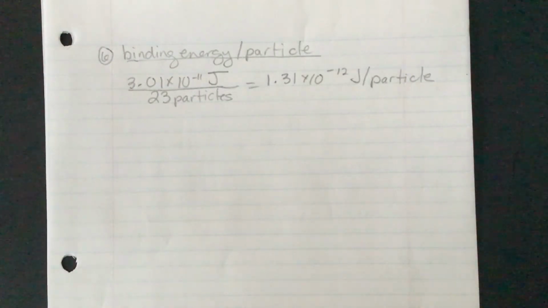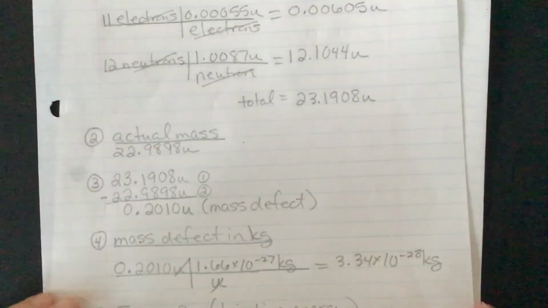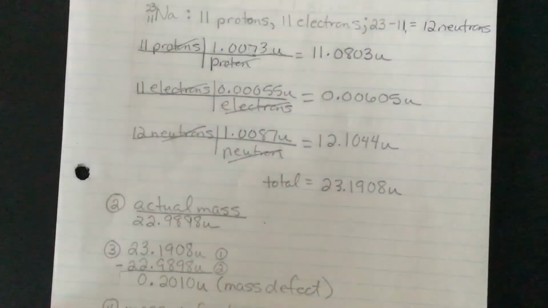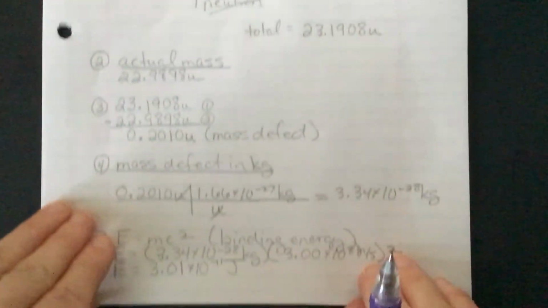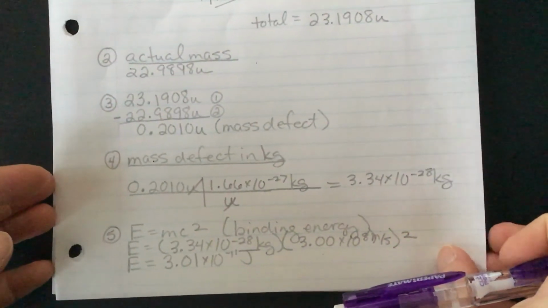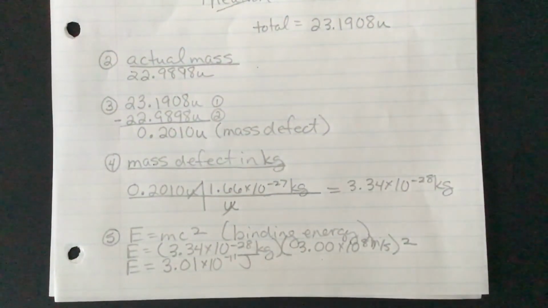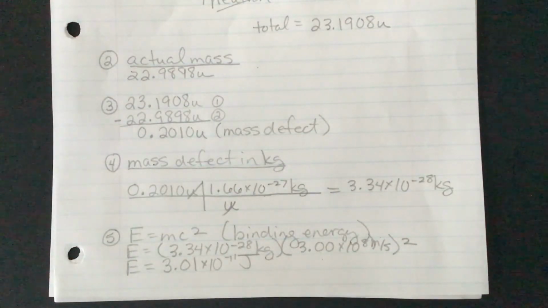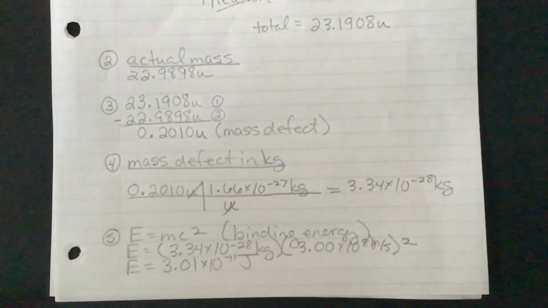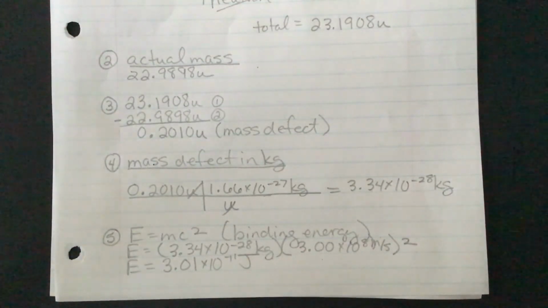Now, I want to talk about this for a minute. Let's go back to just the binding energy. You might say, wow, that is a really small number. That is not a lot of energy at all. But remember, when we're talking about this energy, this is just one atom. And remember that in a mole of sodium, which would be about 23 grams, you have 6.02 times 10 to the 23rd particles.